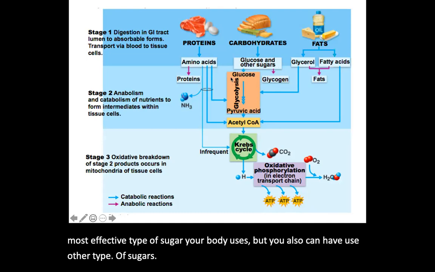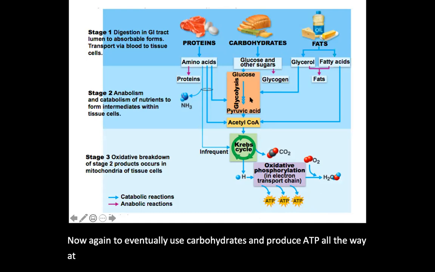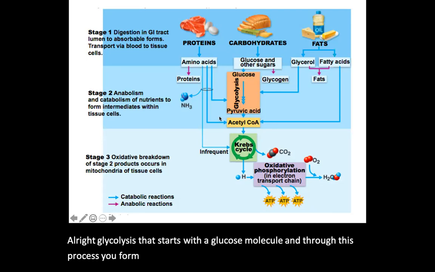Now again, to eventually use carbohydrates and produce ATP all the way at the bottom, what I require is a process called glycolysis. Glycolysis starts with the glucose molecule, and through this process, you form something called pyruvic acid or pyruvate.